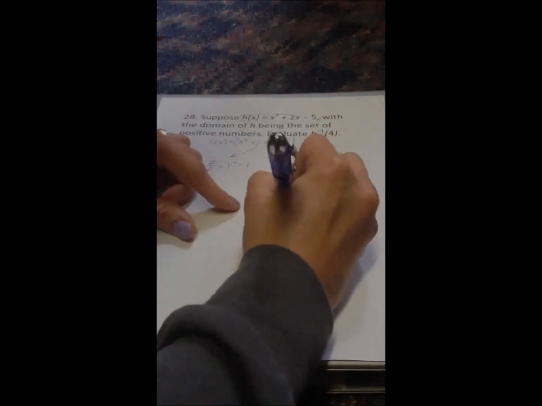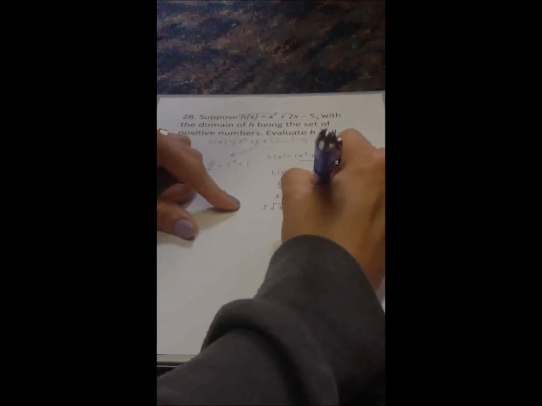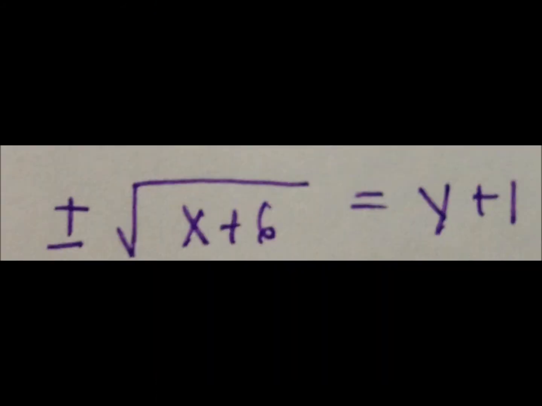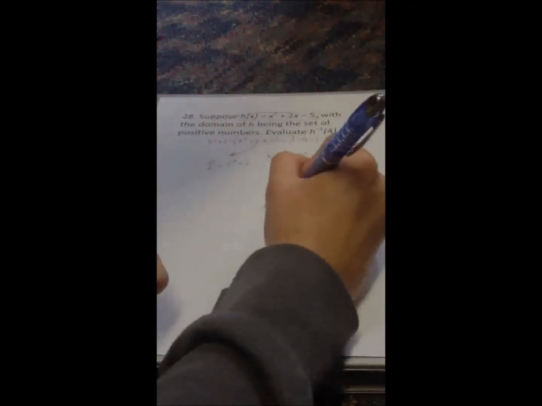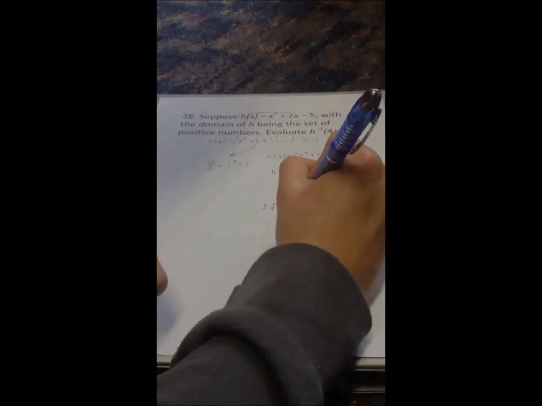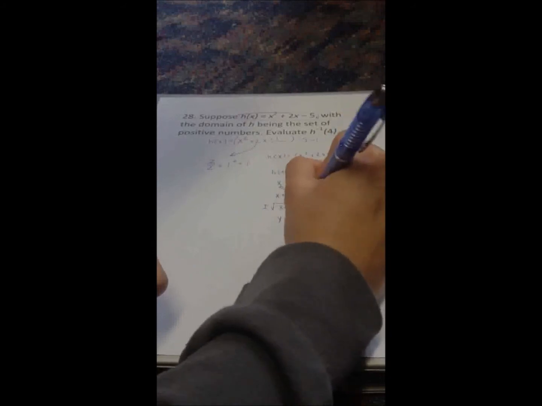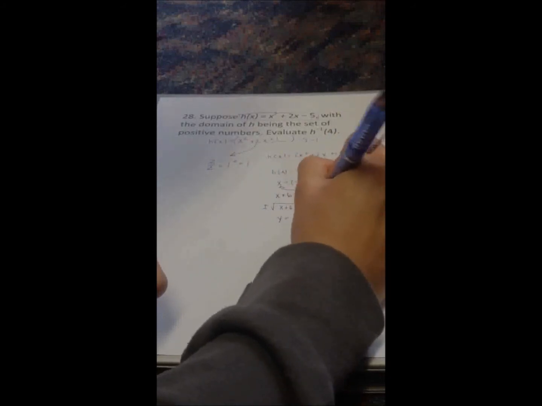So this is the square root of x plus 6, but you can't forget your plus or minus, equals y plus 1. Now we need to move our 1 over so we can further isolate it. So y equals plus or minus the square root of x plus 6 minus 1.